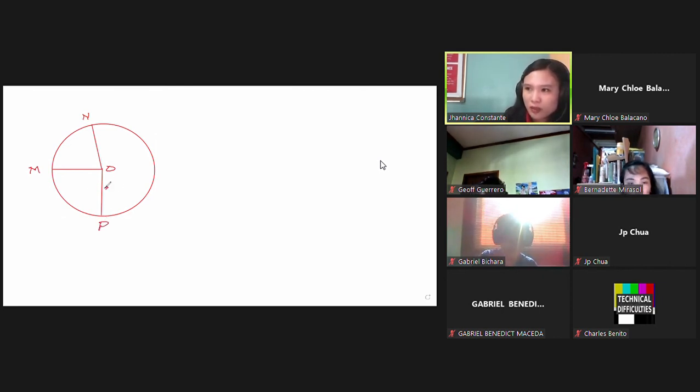The radius is equal to 3 centimeters. This angle is 90 degrees, and this angle is equal to 40 degrees. Find the length of the arc MN.